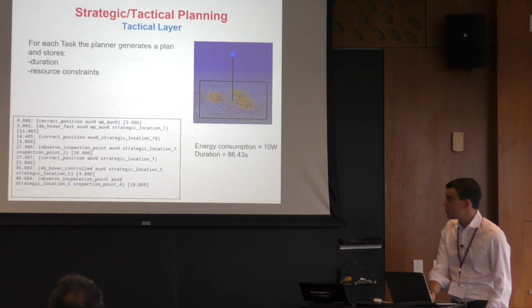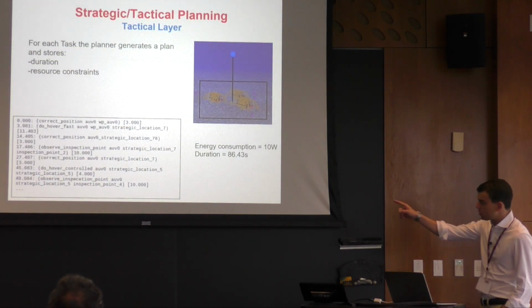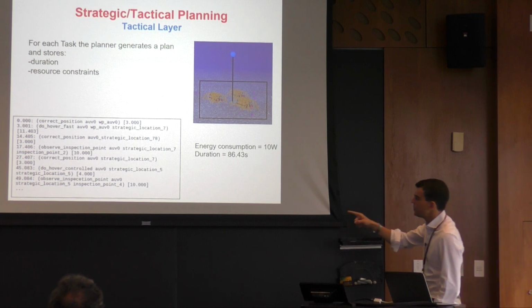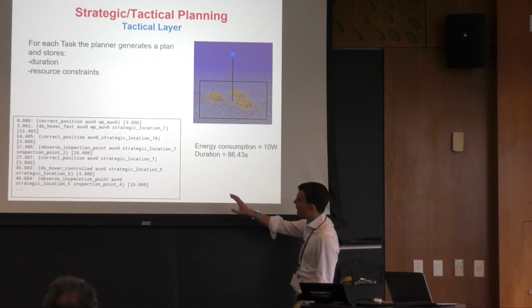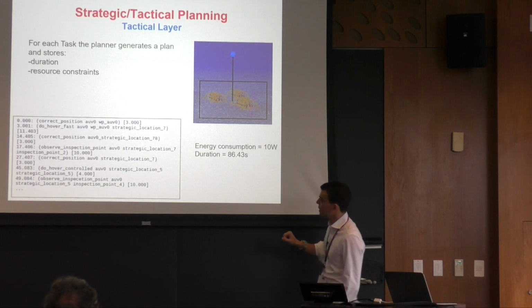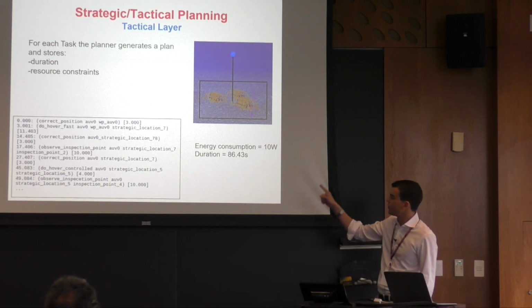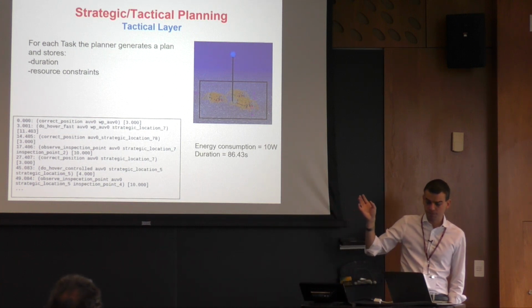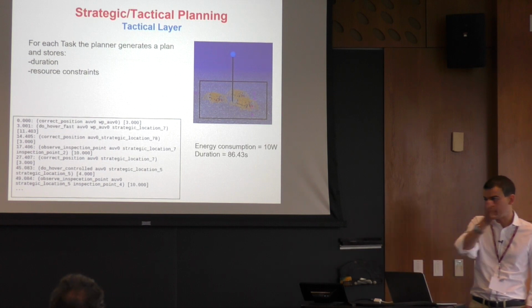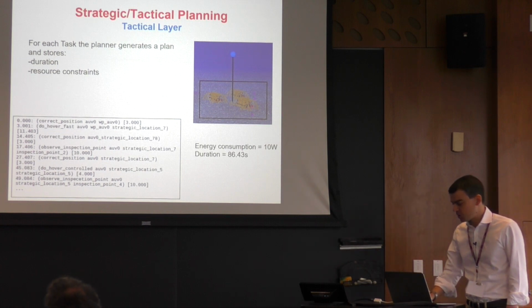Then for each task you create, using PDDL 2.1, a tactical plan for a single mission, and for each tactical plan you take note of the energy consumption and the duration. This is the information that is fed back to the strategic layer.